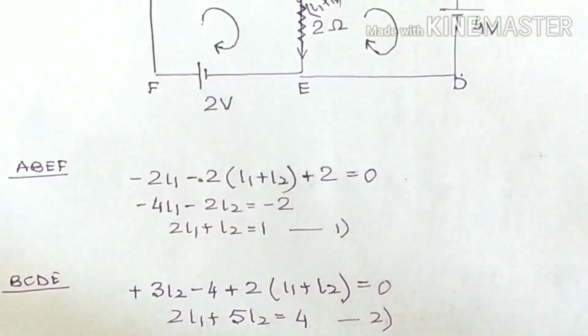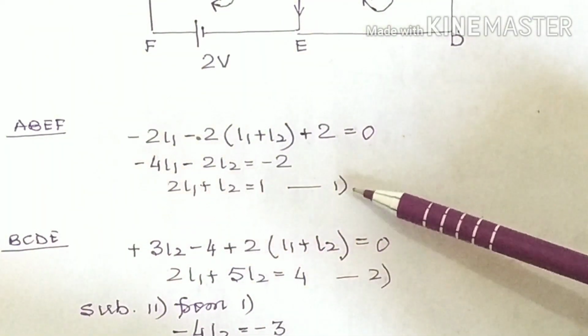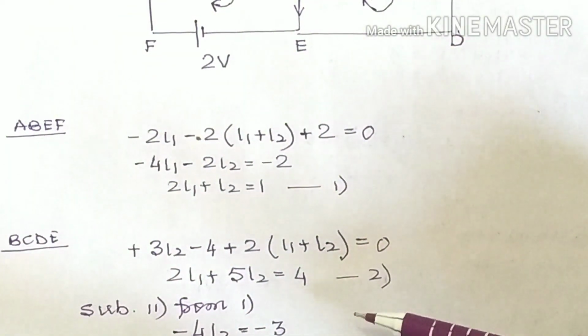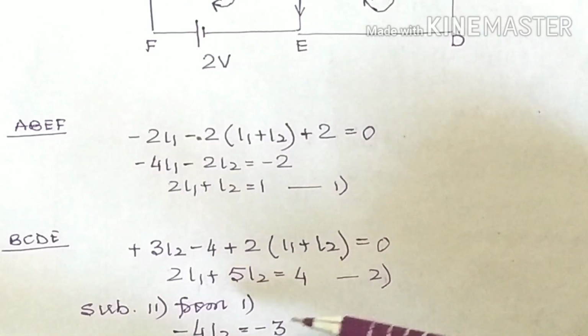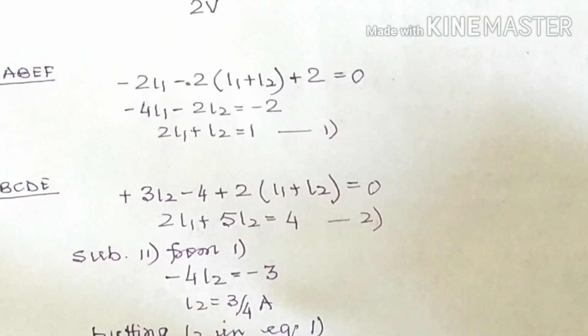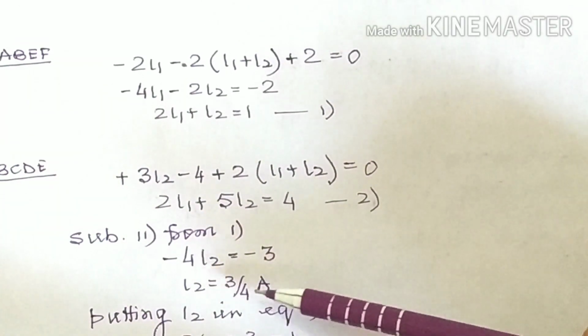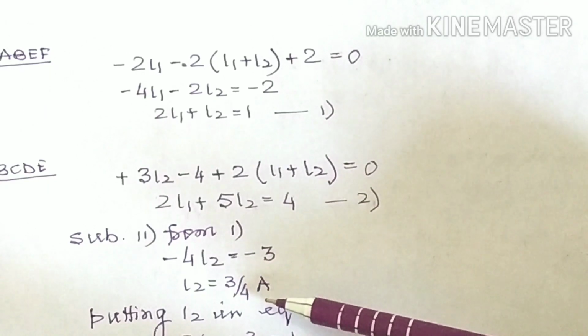By solving these two expressions, number 1 and number 2, if you subtract equation number 2 from equation number 1, you will get I2 is equal to 3 upon 4.